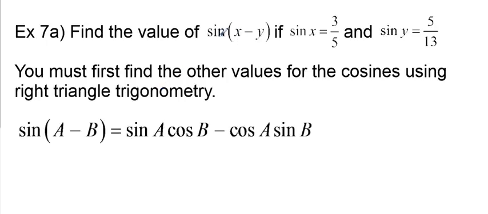First off, we're finding the sine of the difference of two angles, so we're going to use the difference identity for sine, and this is on our blue formula sheet. So we have written here the sine of A minus B equals the sine of A times the cosine of B minus the cosine of A times the sine of B. Remember that A stands for the first angle and B stands for the second angle.